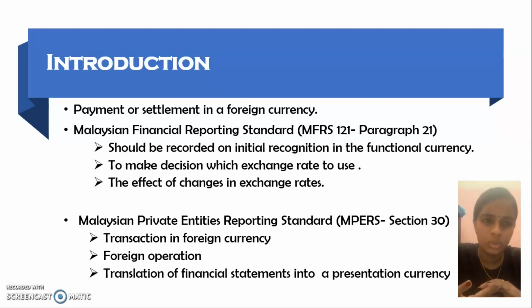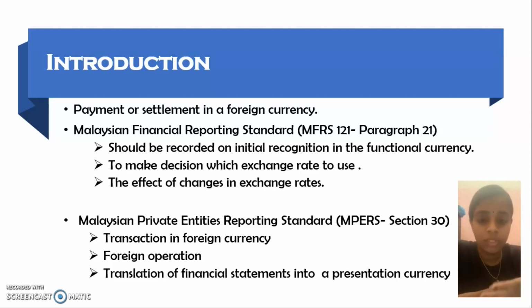Based on MFRS 121, they explain how the entity translates its foreign currency items into its functional currency.